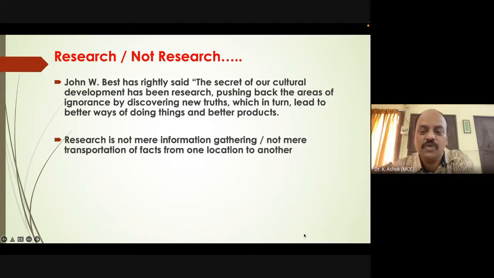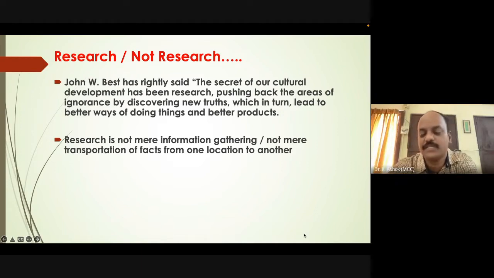When you know what is research, you should also know the nuances of research. Research is not merely information gathering. Many of our student friends just go collect information and present it in a coherent manner.